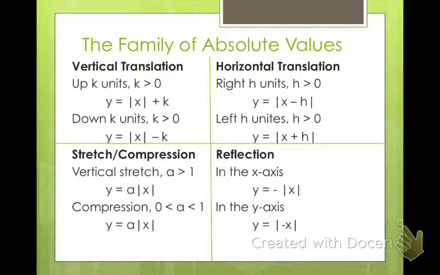Left or right, it's going to be opposite just like before. Minus h goes right, plus h goes left. Stretch and compression, same values. And then reflections, the only difference is across the x-axis, it's negative outside your absolute value function. Whereas with the y-axis, it's the x inside the absolute value function.